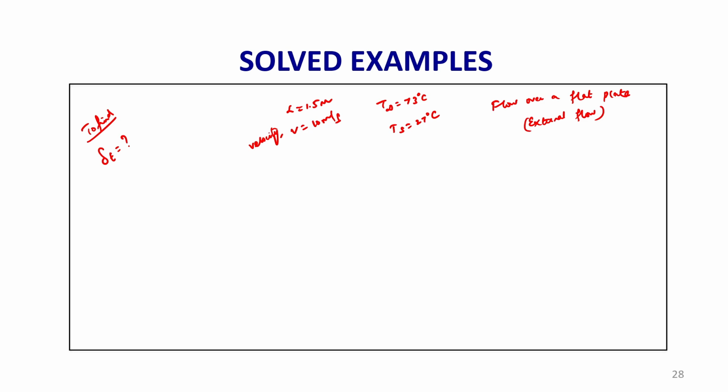Okay. Whenever we solve problems related to forced convection or free convection, or when we want to find out the properties of the fluid, it has to be found at mean fluid temperature.